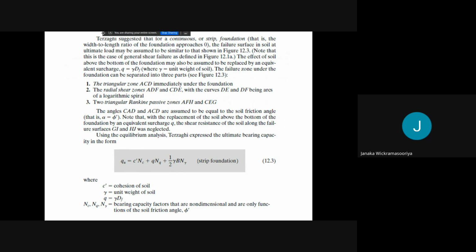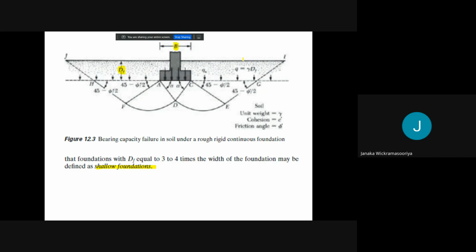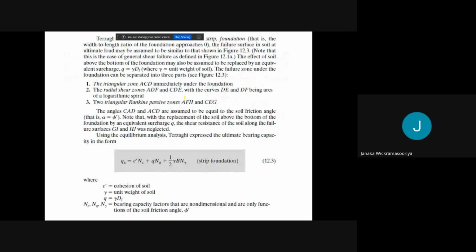Terzaghi suggested that for a continuous or strip foundation, the failure surface in soil at ultimate load may be assumed to be similar to that in figure 12.3. It is something like this. The failure surfaces would be something like this.